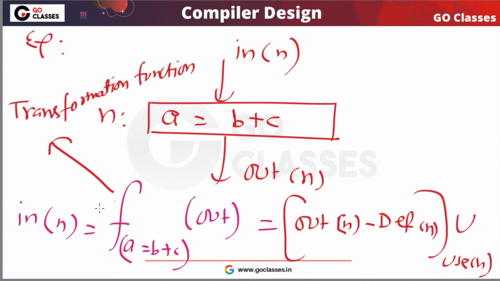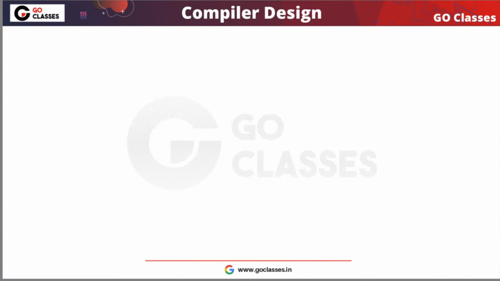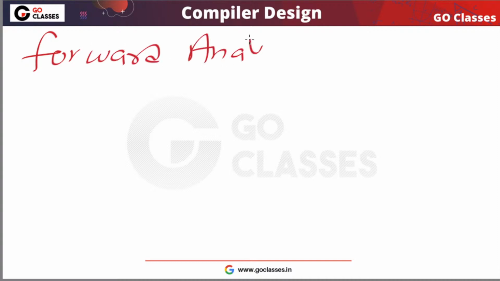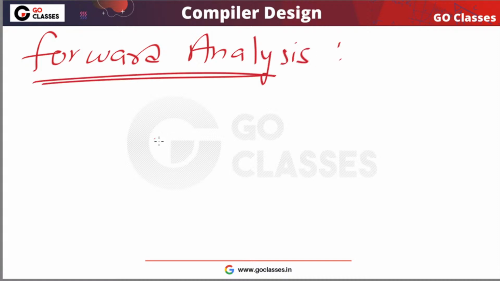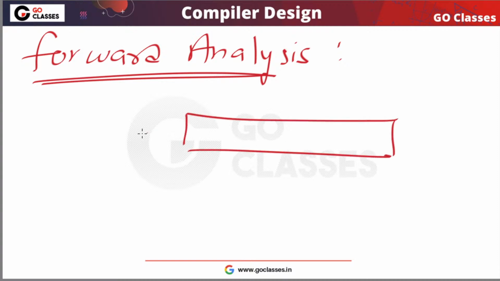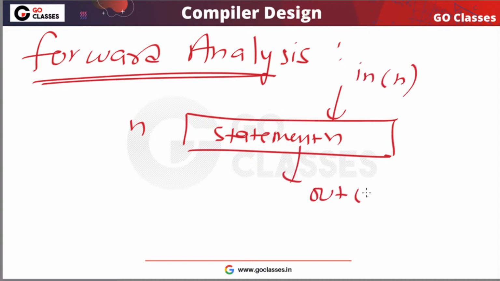So that is the reason this is backward analysis. Did you notice what a forward analysis is and what a backward analysis is? Let me tell you. This is the definition of forward analysis. You have a statement, let's assume this is statement n, this is your in of n, and this is your out of n.